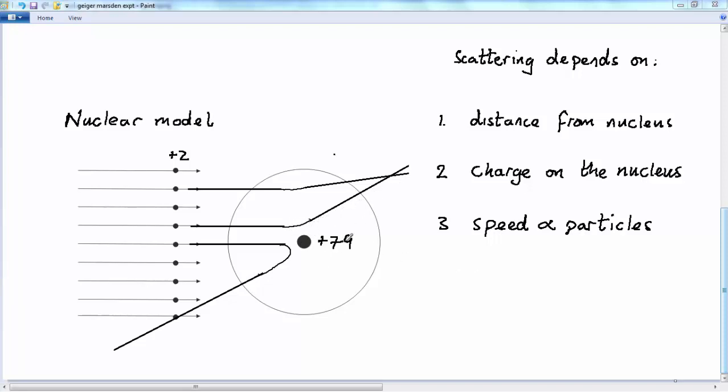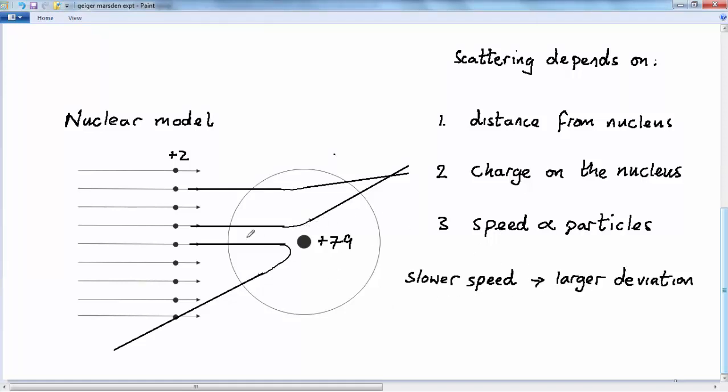So the slower the speed, the longer the interaction acts, and the greater the deviation. And likewise, the faster the speed of the alpha particle, the less time the force has to act on it, and therefore the smaller the deviation. So higher speed, smaller deviation.